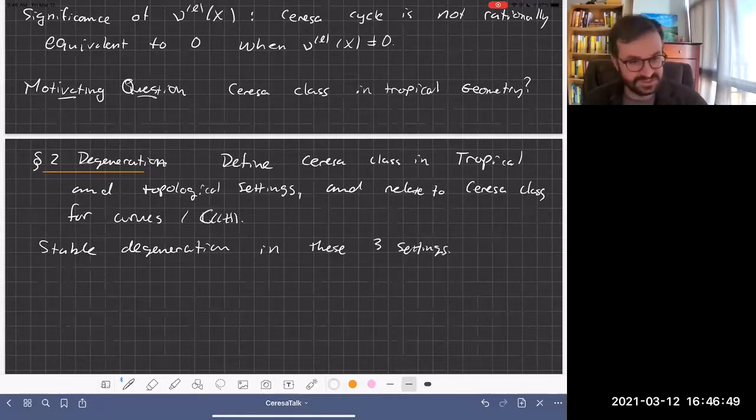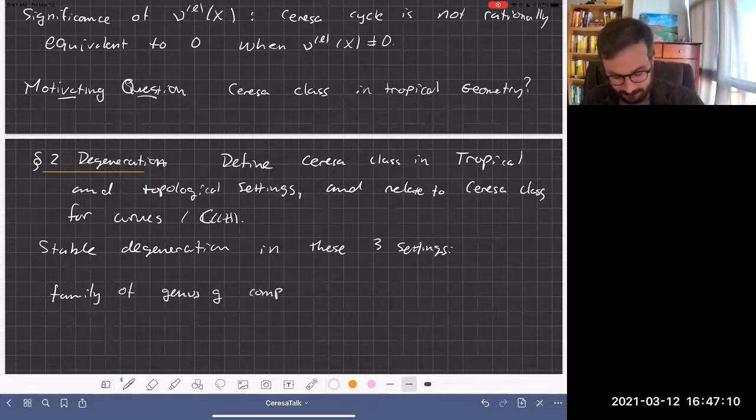Okay, so first let me describe the setup. Let's say we have a family of complex curves over the unit disk in the complex plane.